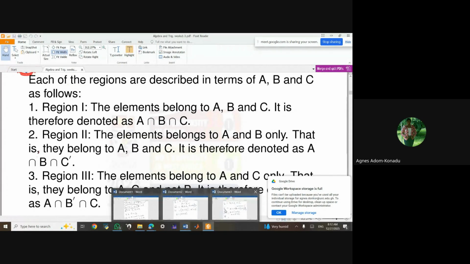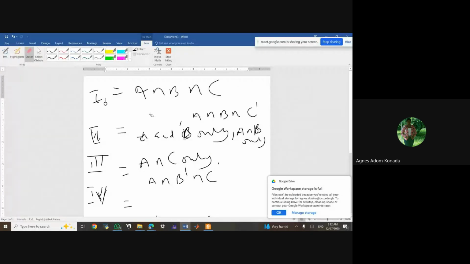So the one who said it is A intersection B intersection C complement is correct, or it is A and B only, or the same as A intersection B only, or A intersection B intersection C complement.